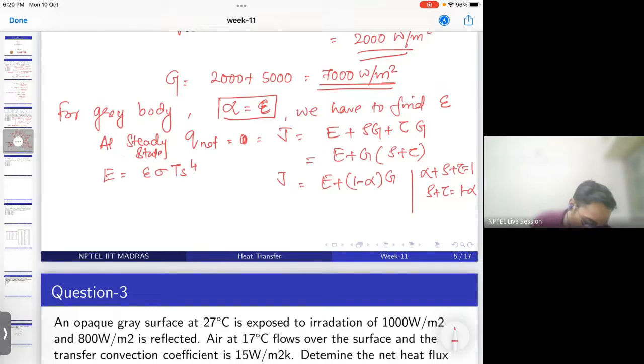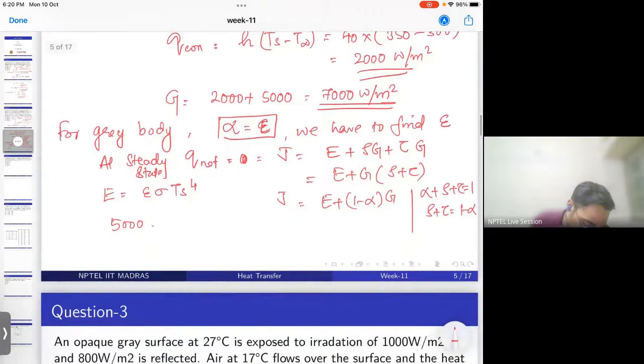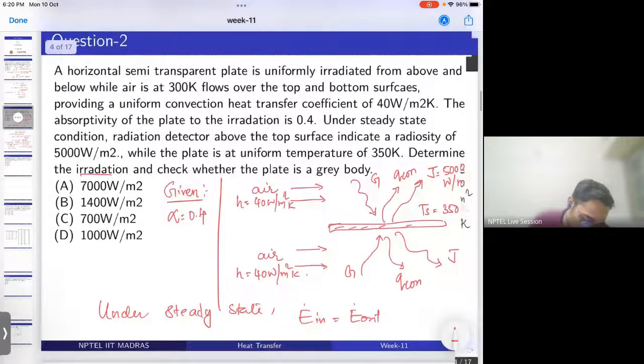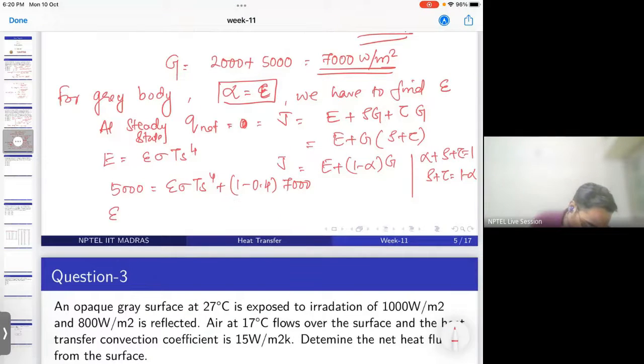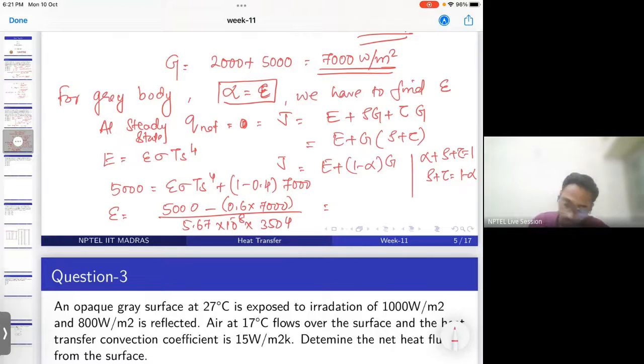If we substitute all these values, we get 5000 equal to epsilon sigma Ts raised to 4 plus (1 minus alpha), which is 0.4 given, times G, which we already found out, that is 7000. If we calculate this, you will get the answer as 0.94.